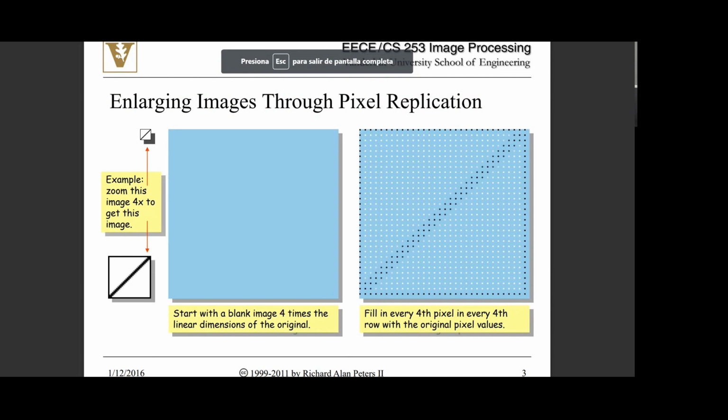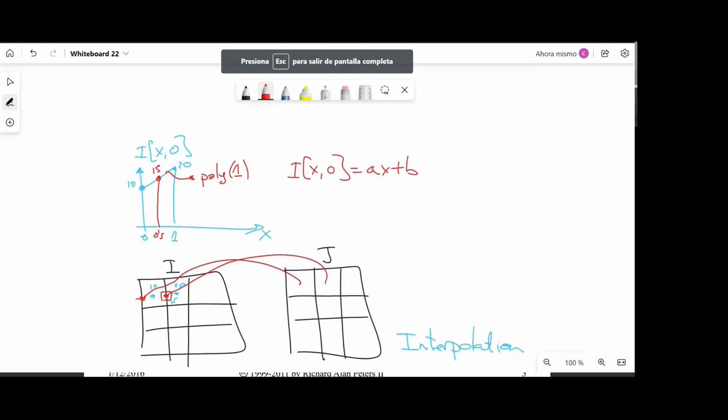So let's say that we will start with zero order interpolation. With zero order interpolation, let's say that we have this image and we want to enlarge it by a factor of 4. So this is one of these operations that we represented the other day.